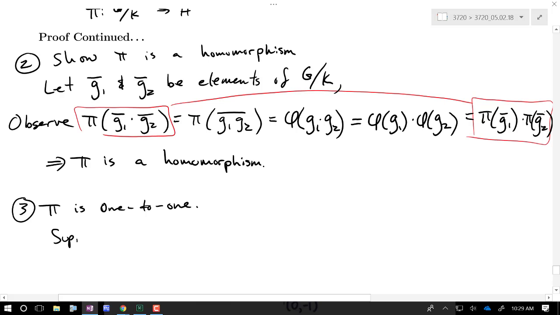We're going to start how we usually do these 1-to-1 proofs. We'll suppose that pi of G1 bar is equal to pi of G2 bar. What is it that we want to show?